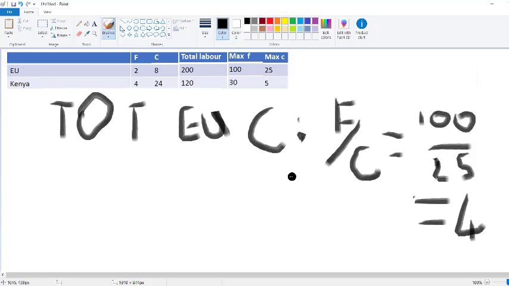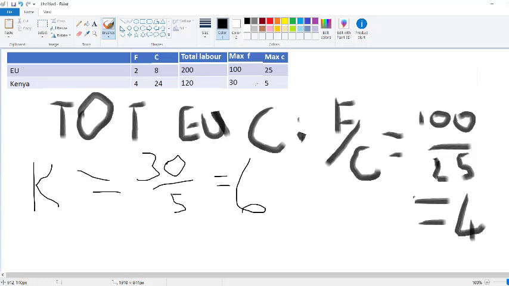You can then similarly do the terms of trade for Kenya in terms of carbon. So for Kenya, the terms of trade would be as simple as taking 30 divided by 5, and that would be 6. Same values we're getting as earlier, right?